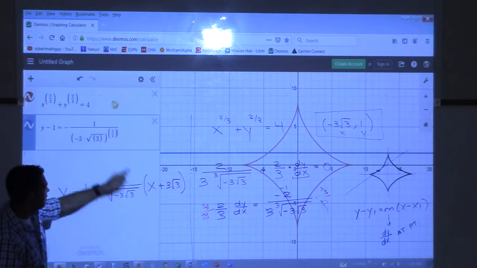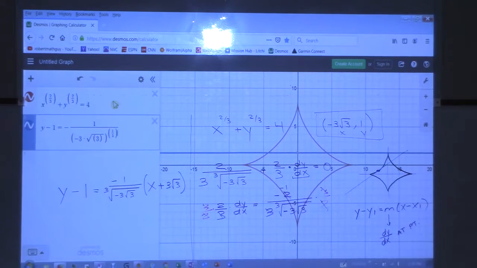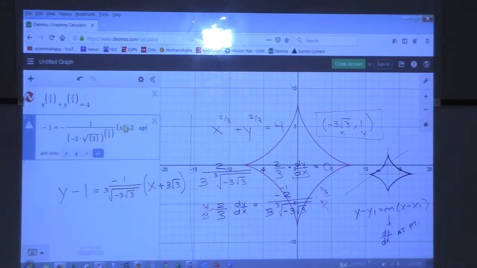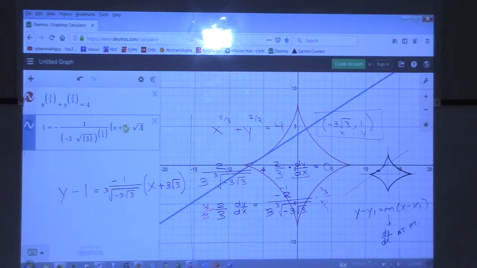And then I still need this part right here. What I should see when I finish is a line passing through that point, tangent to that asteroid. x plus 3 times the square root of 3.